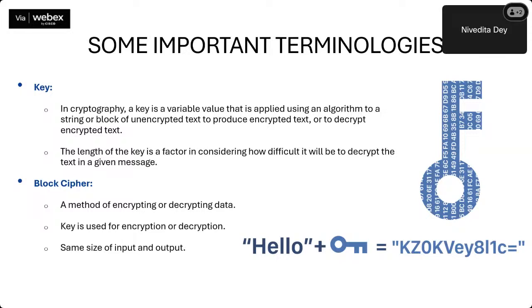To make the algorithm complete along with the data, whether plain data or cipher data, we also need a key. A block cipher is a process of encrypting and decrypting data; the key is used for encryption and decryption, with the same size of input and output. So data plus key equals the ciphertext.